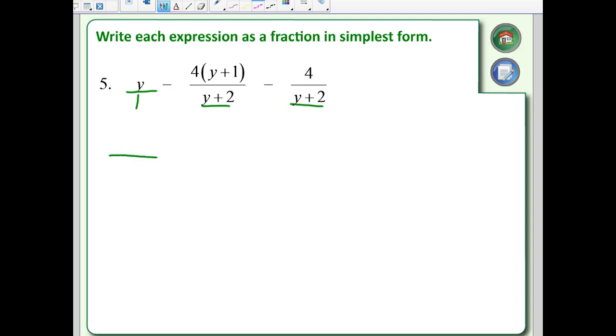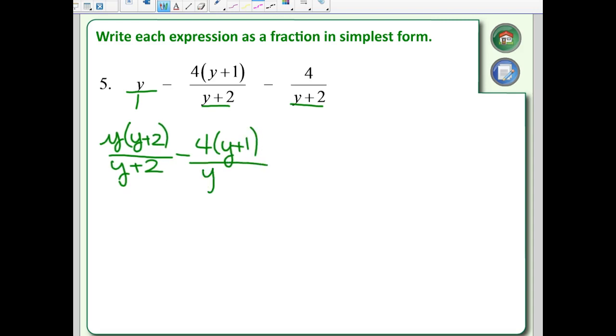So that has to be my common denominator. We've got y plus 2. And then for the numerator here, did you realize I've got to multiply that by y plus 2? Minus, let me go ahead and Ms. Burton write everything down. My middle fraction stays the same because it's got the right denominator. And my third fraction stays the same because I've got my common denominator.